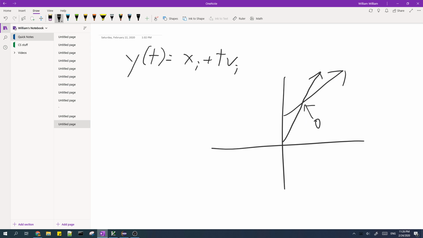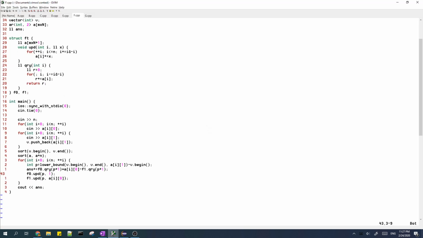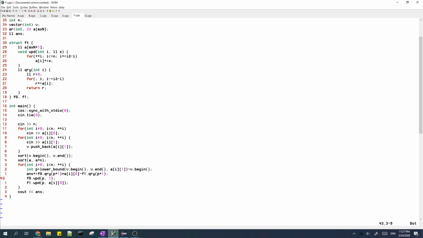So what we want to count is the number of pairs such that x_j is smaller than x_i and v_j is greater than v_i. Because v_j needs to be... wait, let me just check my code here.